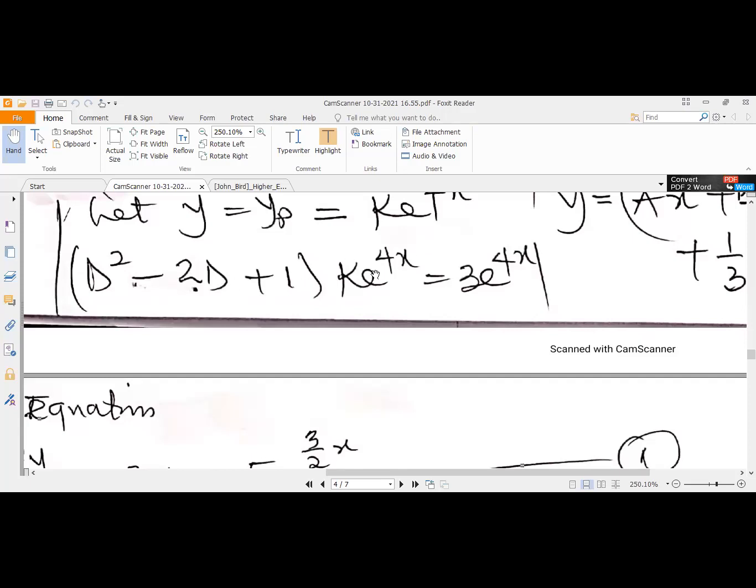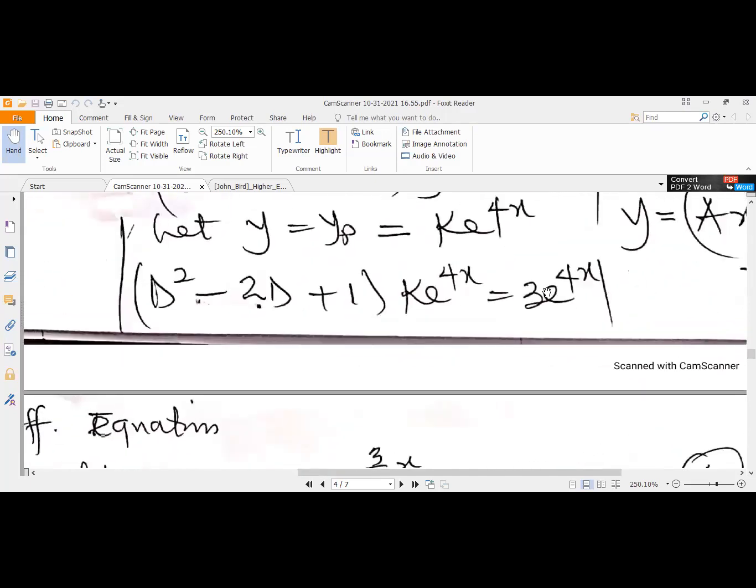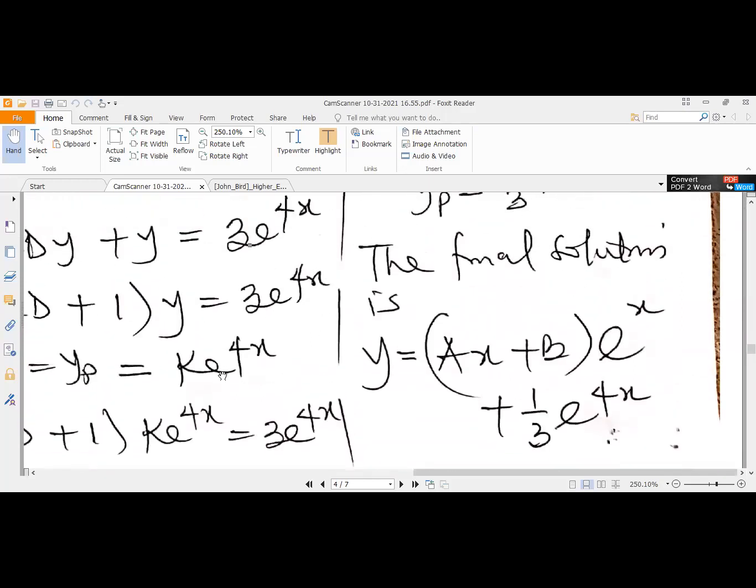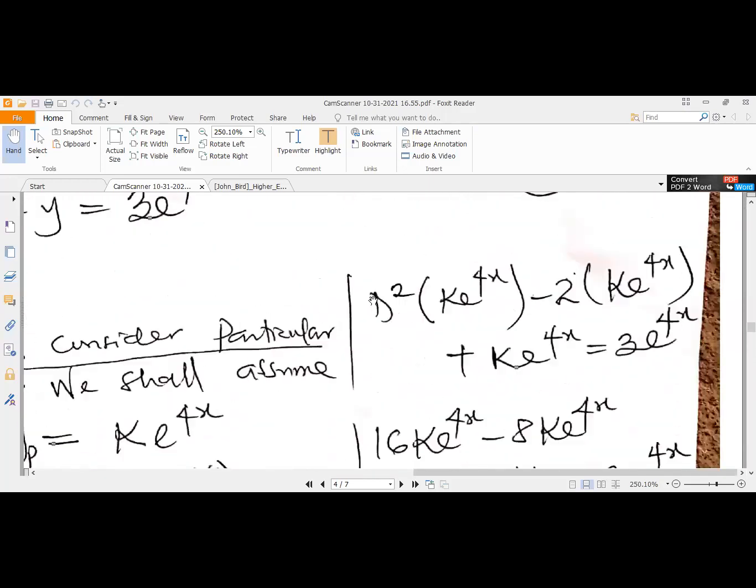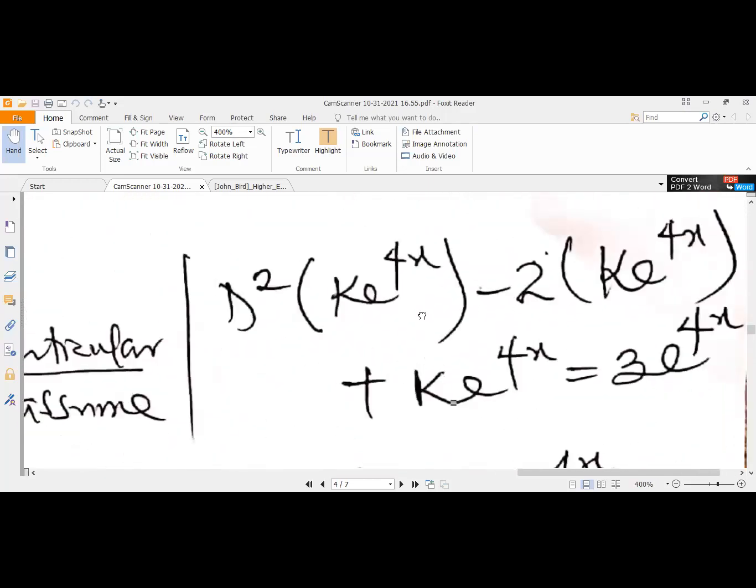It means that I need to differentiate k exponential 4x once, then multiply my answer by 2. Then here, I don't need to differentiate anything, I will just multiply. So that is what I mean by expanding: each of the components of D will take the assumed particular solution. So let's proceed now.